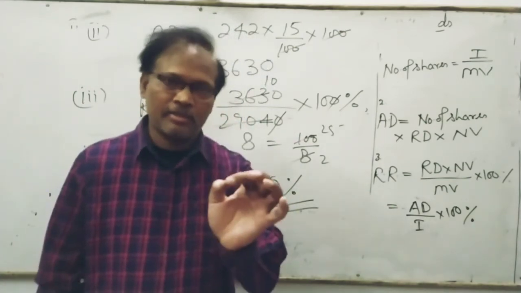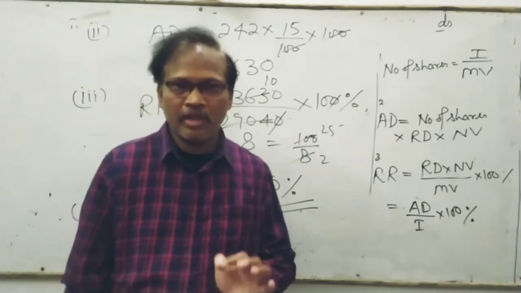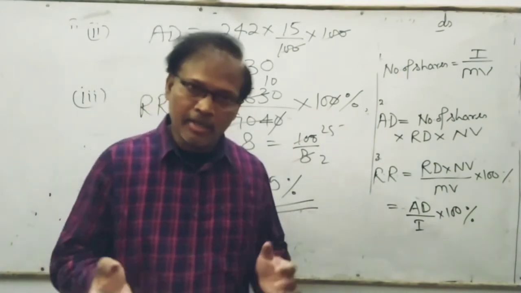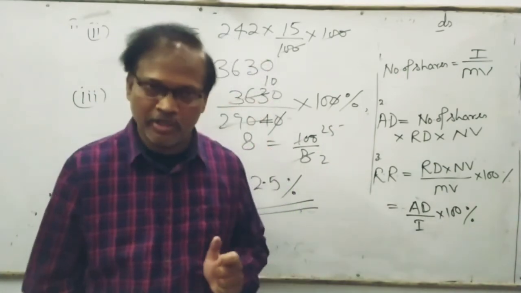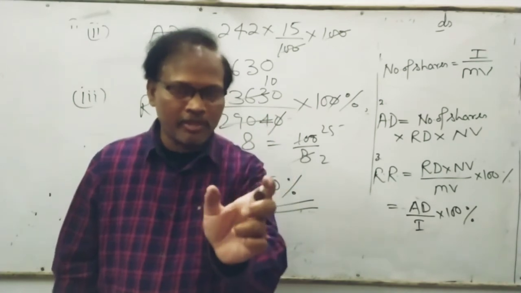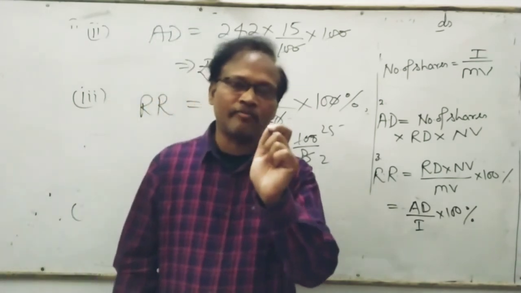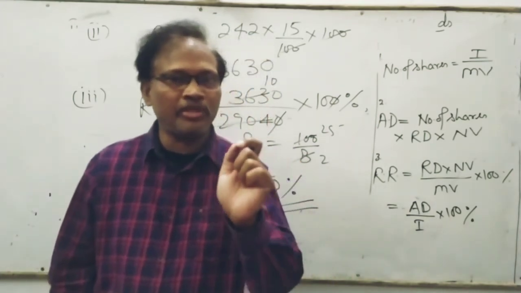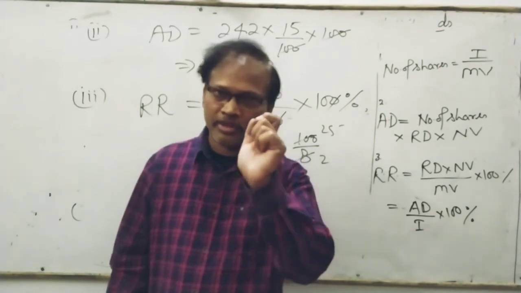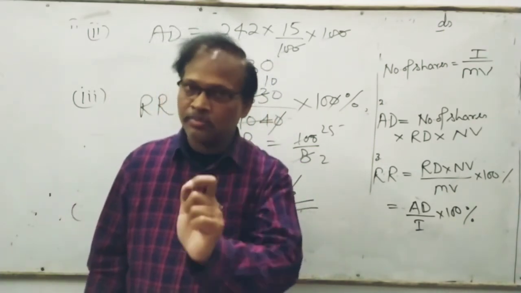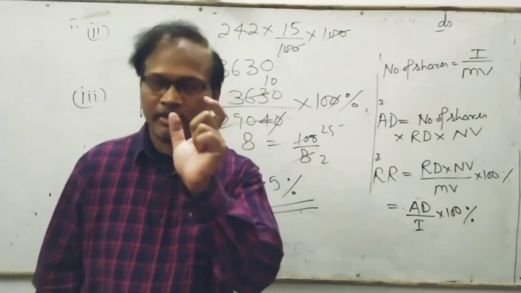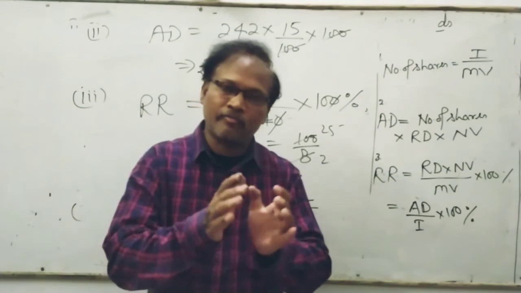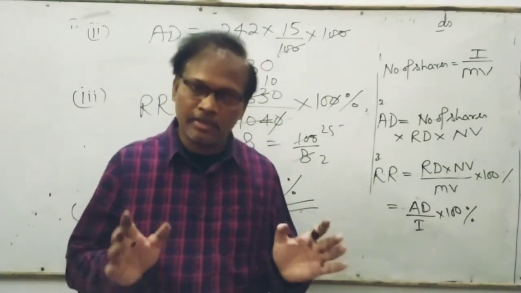Better you find the rate of return of the two companies. If the return is good, it means that company is better. If the rate of return is good for A, the first company, then the first company is better. If the rate of return of the second company, B, is good, then the second company is better. So based on the rate of return, the company with the higher rate of return is better.